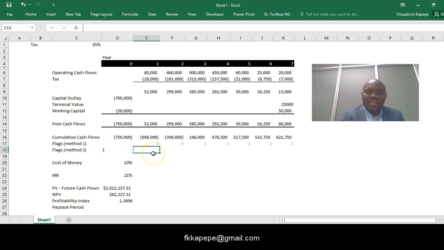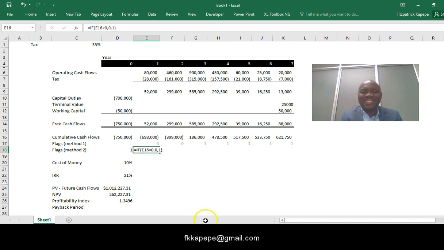Then now, here, you say equals if this is greater than 0, put 0, otherwise put 1.